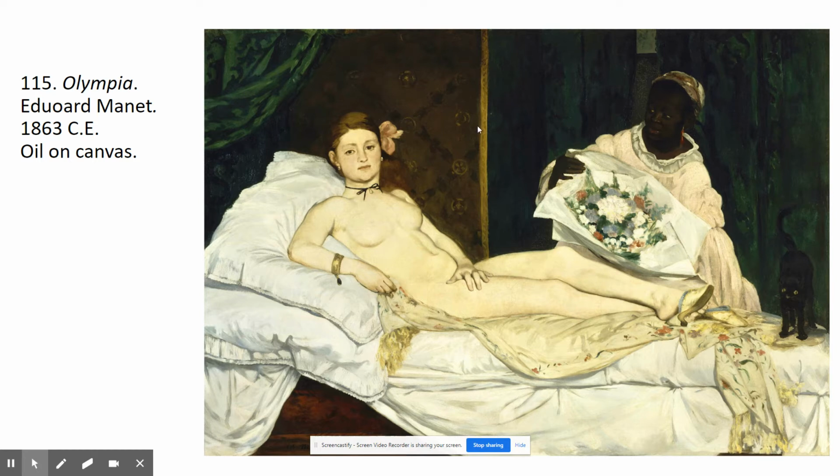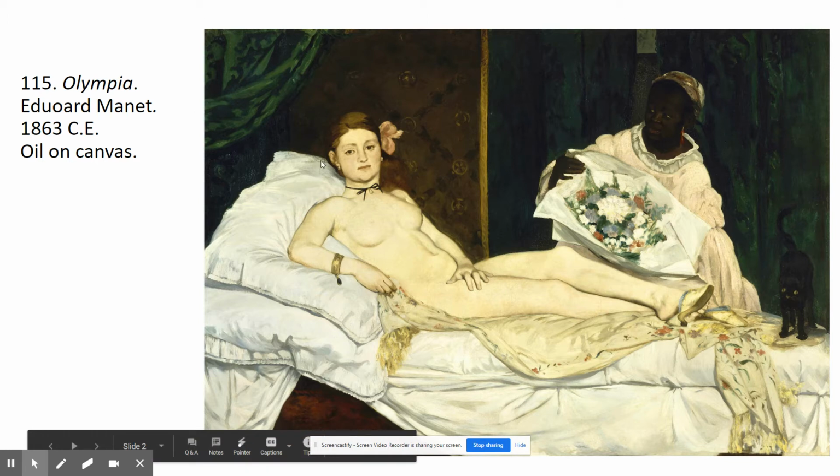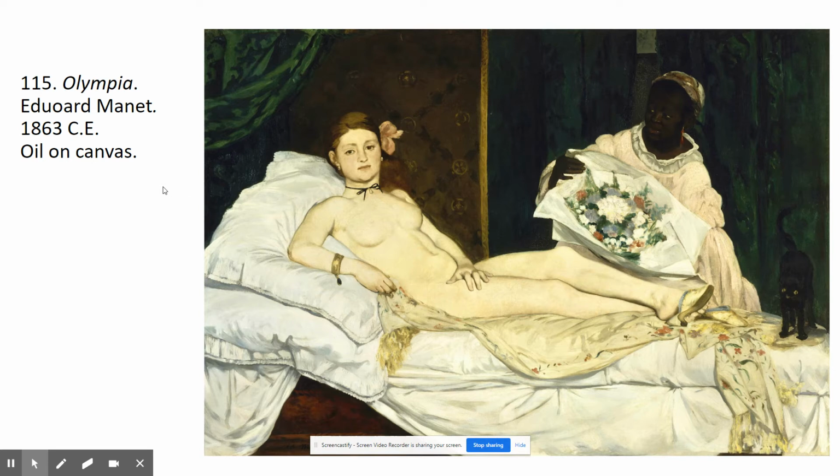Obviously, when I think about the background and the division of the background, this in particular right here should remind you a lot of Venus of Urbino because it's really being cut in half, basically in the same place that Venus of Urbino was, and drawing you to the same part of the body. And there are a number of other compositional elements that should remind you of the other works.